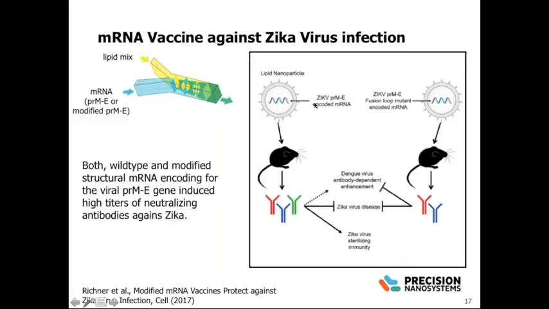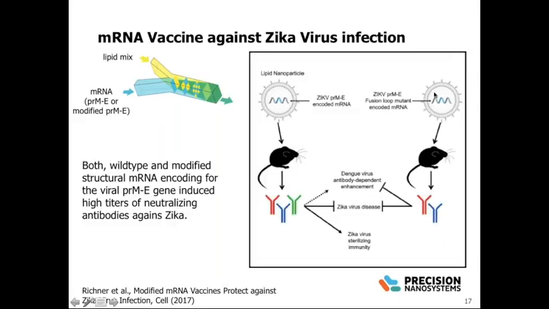And so this group was very clever. They went ahead and just modified this wild type PRME mRNA to prevent this cross-reactivity from happening.